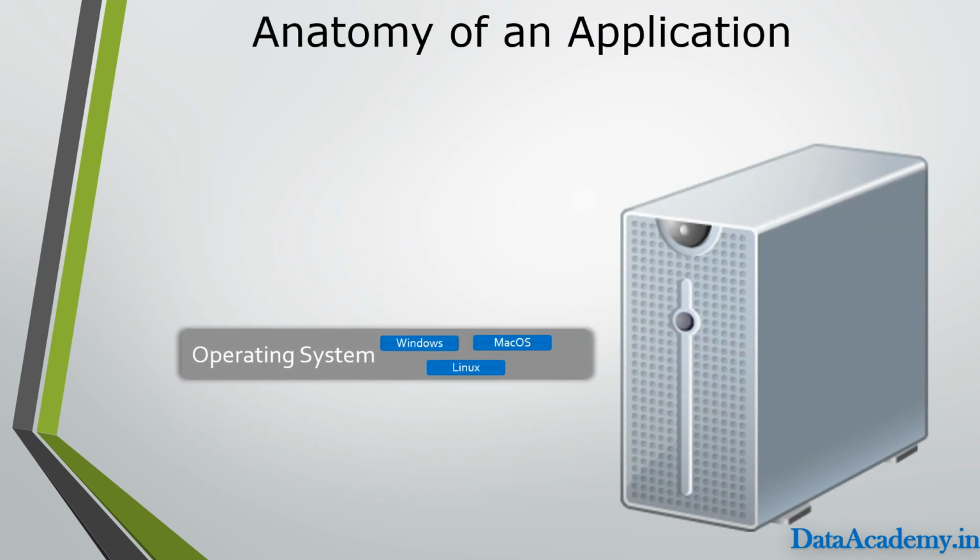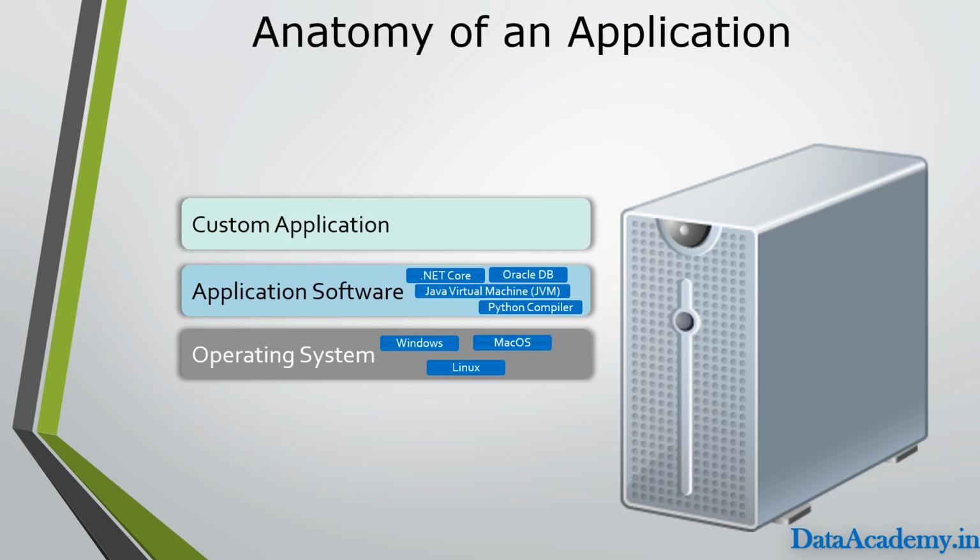So now let's take that picture. Here we have removed the hardware, right? And what we have is just the operating system, application software, and custom application, right? And in the custom application, you can see that we may have different kinds of programs.